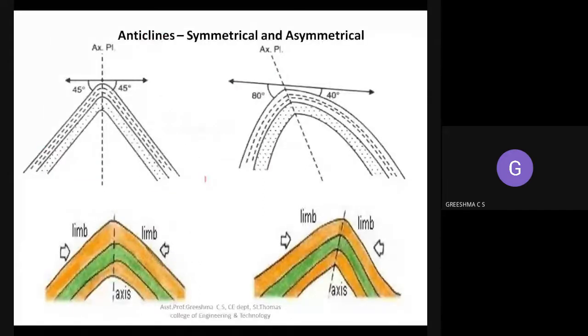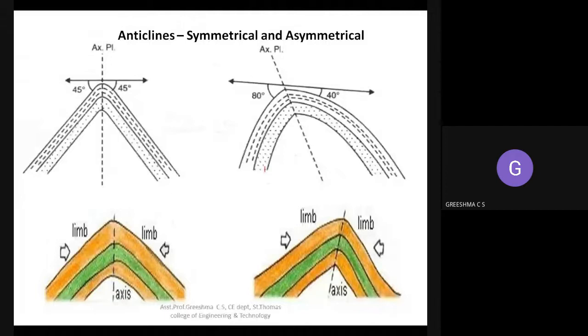See here, this is the hinge portion of this fold, and the axial plane is passing through this hinge portion. From the figure itself we can understand the limb has not been divided equally. This one is longer and this one is shorter. It divides the fold into two unequal limbs.